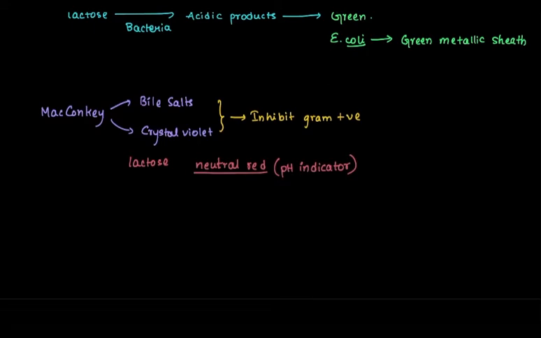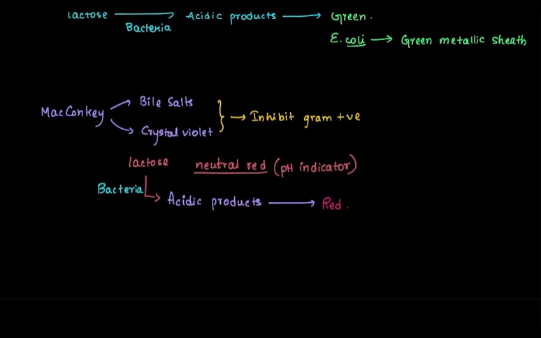So if lactose is getting fermented by the bacteria and there is accumulation of acidic products, this neutral red, which is the pH indicator, would turn the color of the media red.